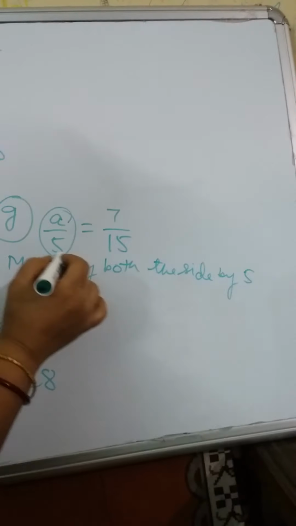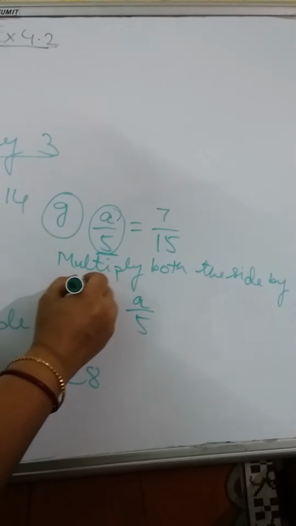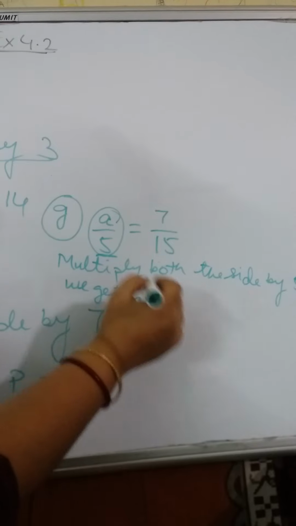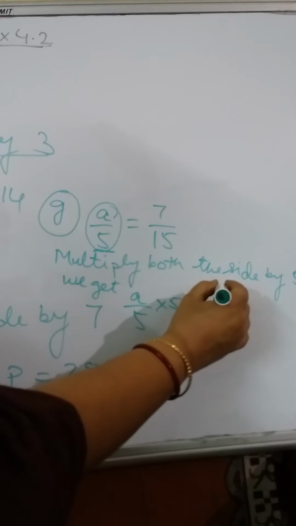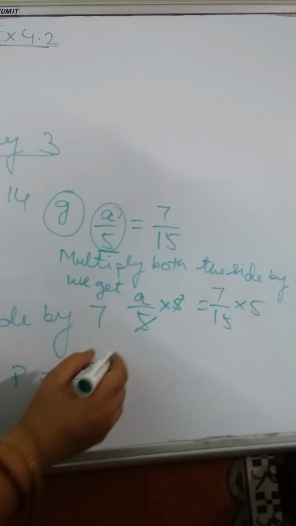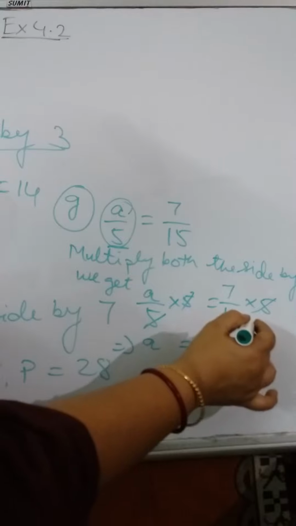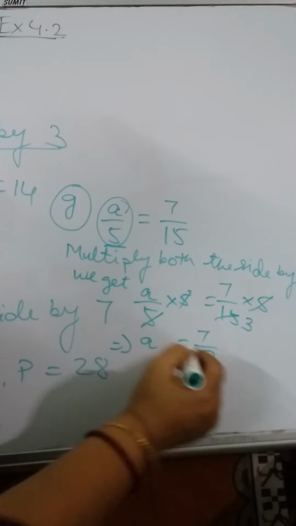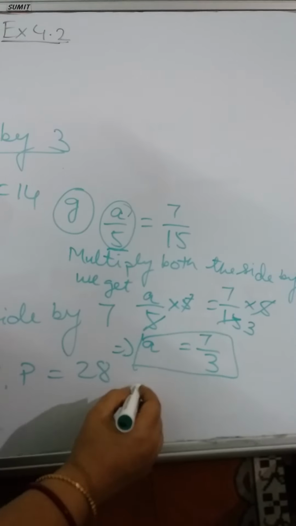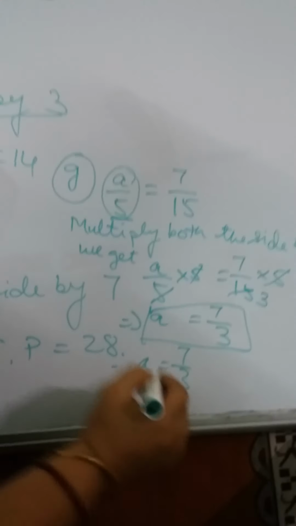by 5. So we will get a by 5 into 5 and 7 by 15 into 5. So 5 will get cancelled. Only a will remain. And 15 by 5 is 3, so 7 by 3. So a equals 7 by 3. That is your answer.